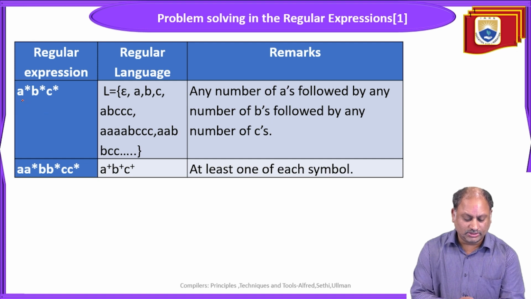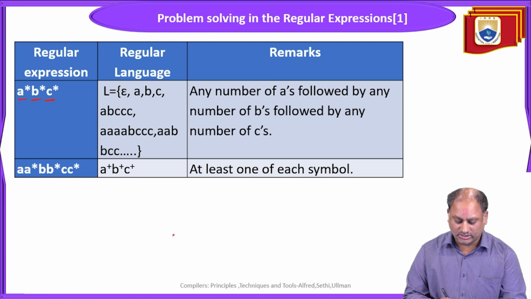So for example, if you consider the regular expression A star, B star, C star. So this is the regular expression. In this regular expression, first it contains A star, any number of A's, and then B star, any number of B's, C star, any number of C's.